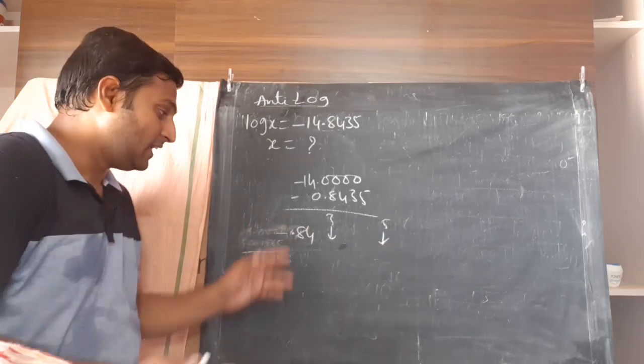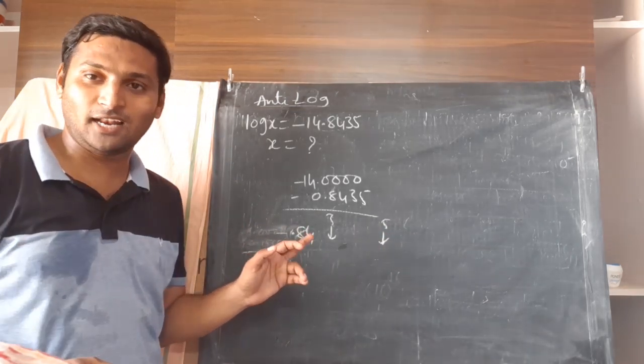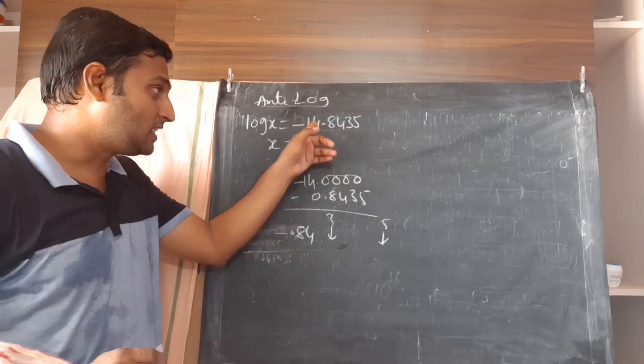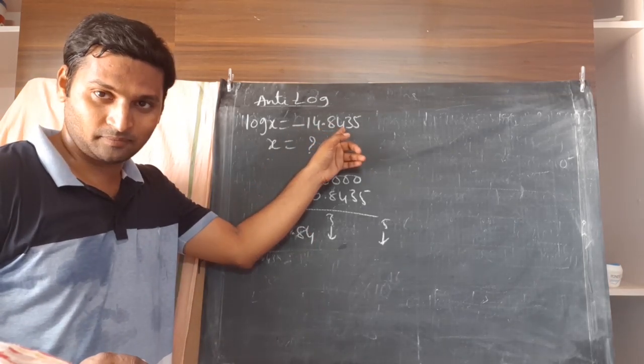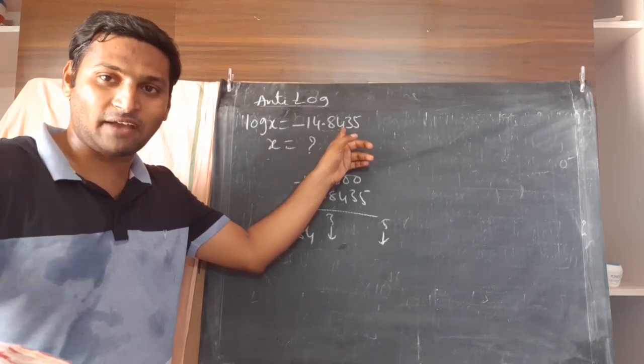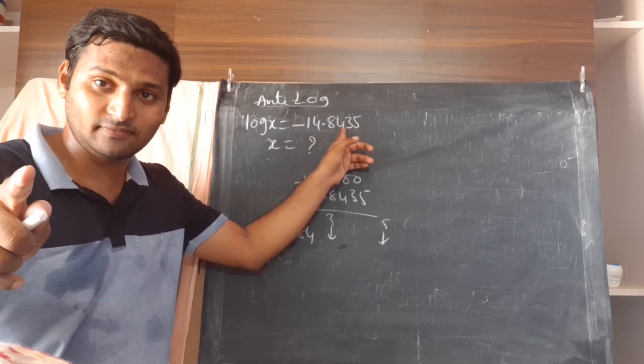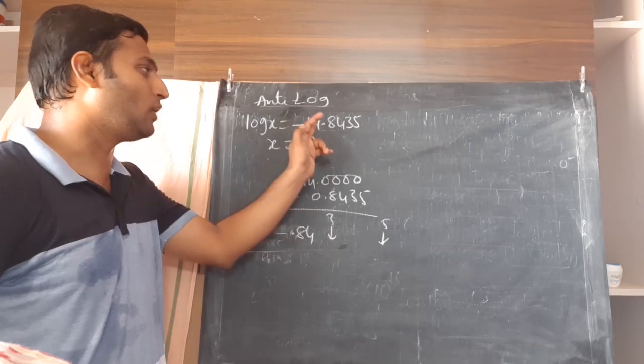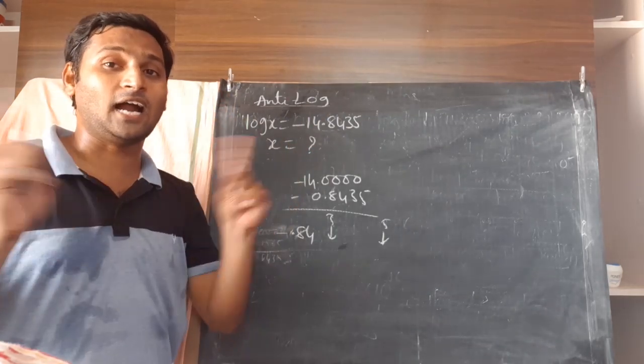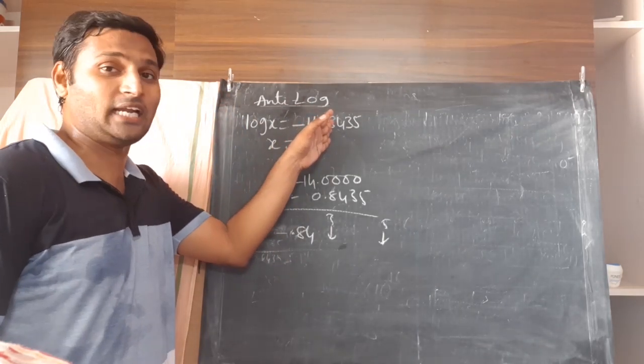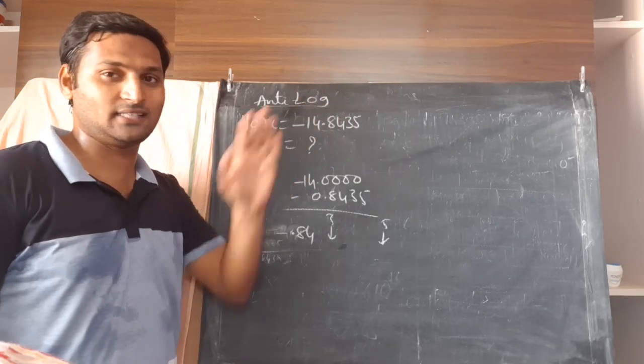Do I have any negative values in anti-log? No. We check anti-logs for only mantissa and all the mantissas that we have in the anti-log table are positive. So I can do this only for positive mantissas, not for negative mantissas. But unfortunately, I have a value with negative mantissa here.